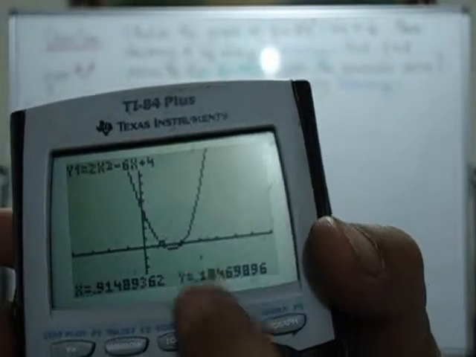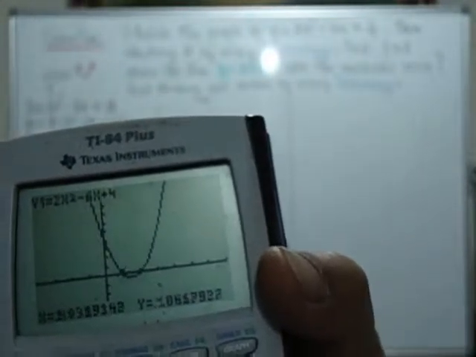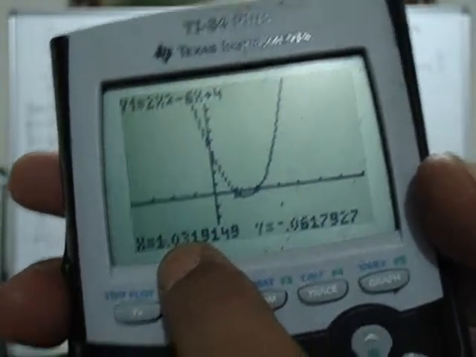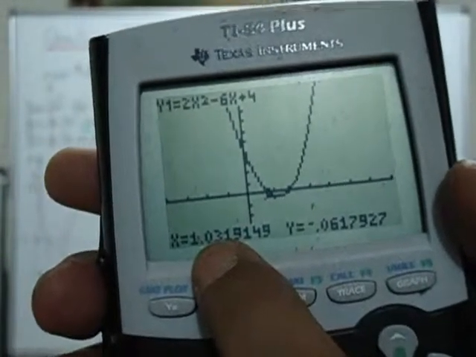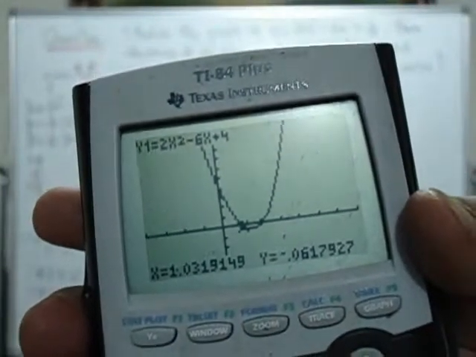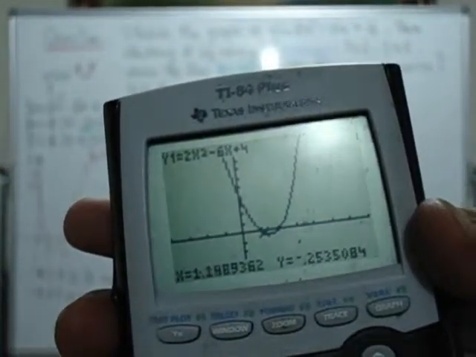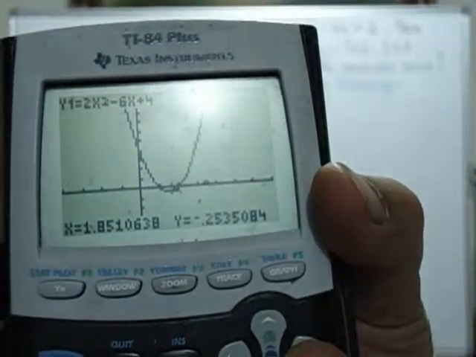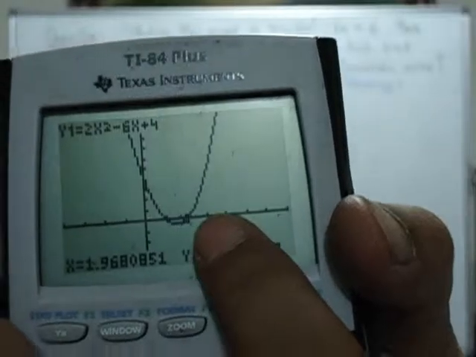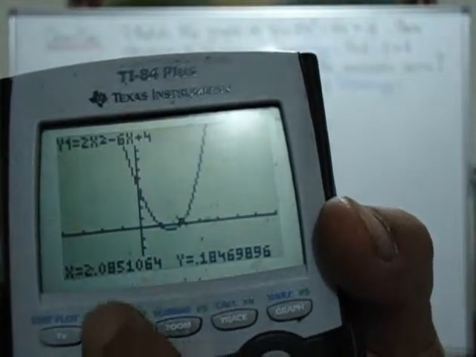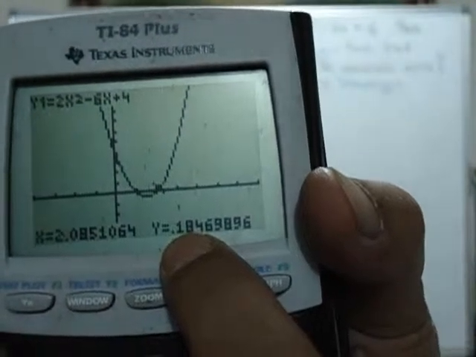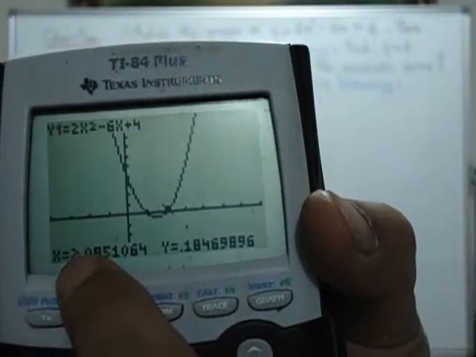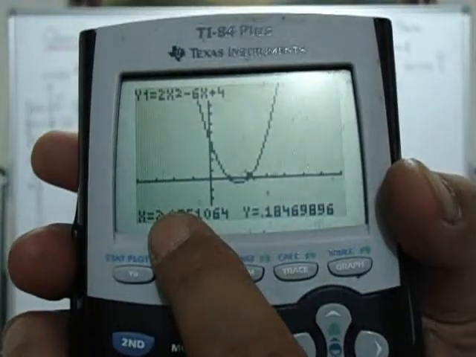You can see x equals 1, and we go here. Y equals 0 and the x-intercept equals 2. You see it?